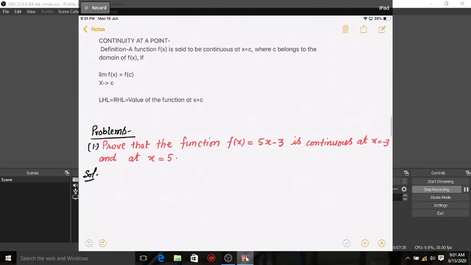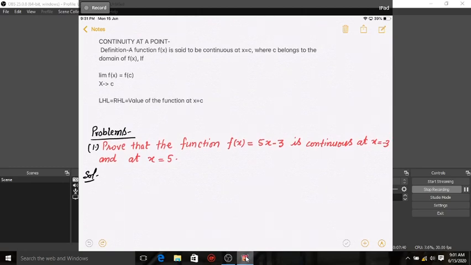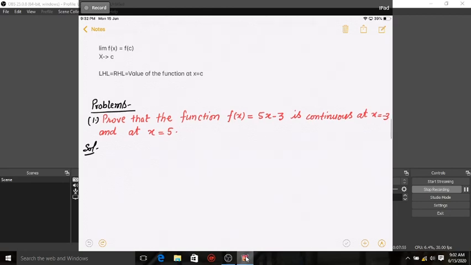First one is: prove that the function f(x) that is equal to 5x minus 3 is continuous at x equals to minus 3. So for minus 3, if we take the limit of the function, check it.